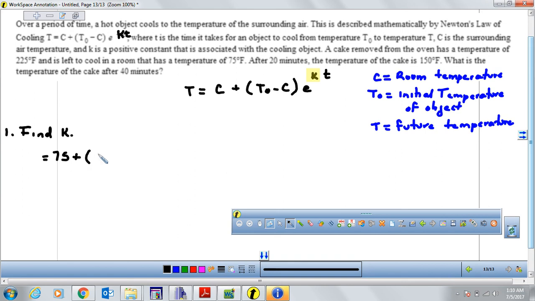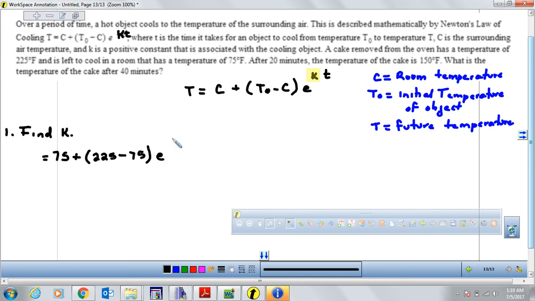The T sub 0, the initial temperature of the cake, is 225. These two numbers, the room temperature and the initial temperature of the object, are constants. Whatever was the initial is always going to be my initial. Whatever the room temperature is, that is my constant room temperature. Those two do not change.